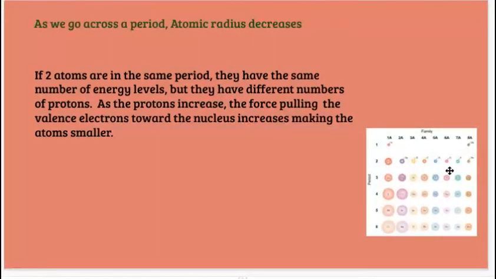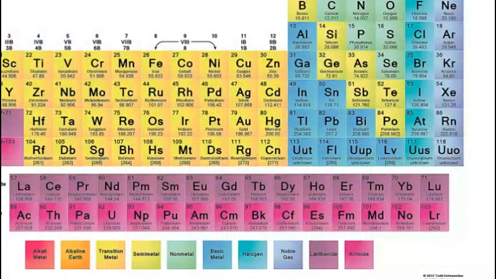And even though they have the same energy levels, they have different numbers of protons. So as you go across in a row like this, you add protons, but you don't add energy levels. Well, the more protons you have in your nucleus, the harder that nucleus can pull electrons.